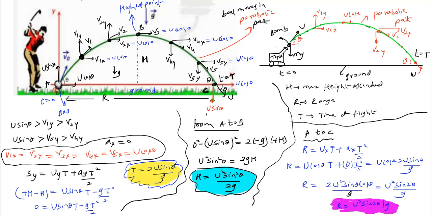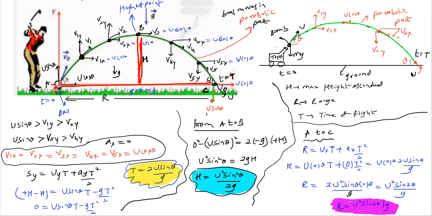You are supposed to remember all of these. This will be very, very important. Like this, how do we define them now? This particular thing is called the maximum height ascended. This is called the horizontal range, for the ball from the point of projection to the ground.